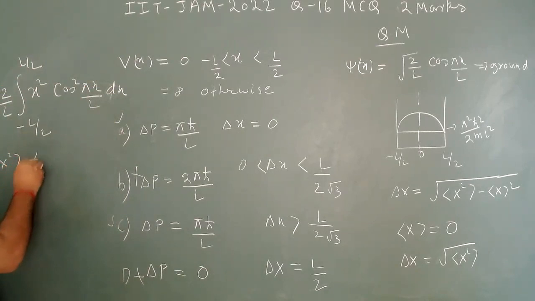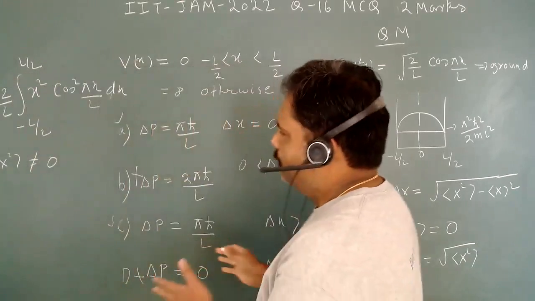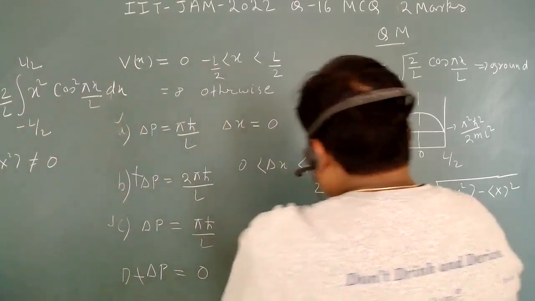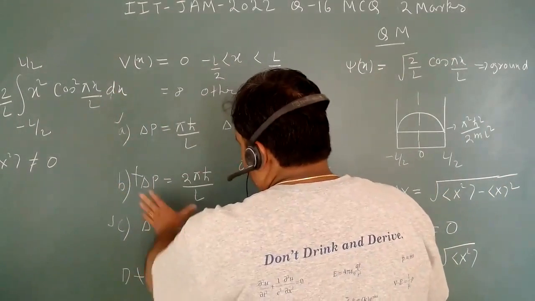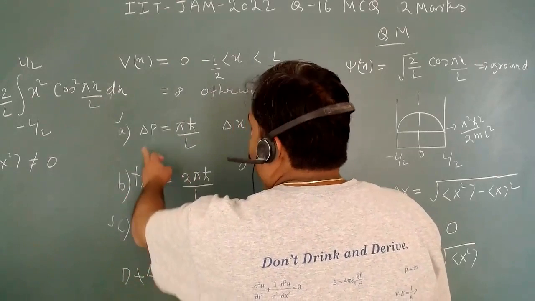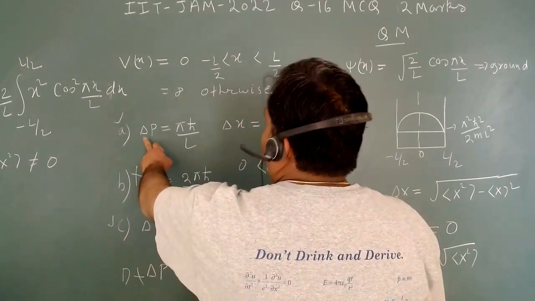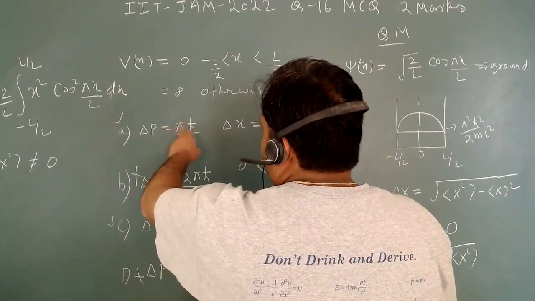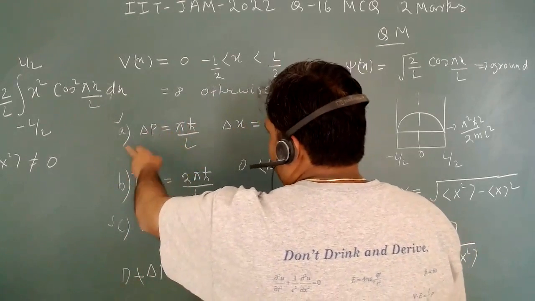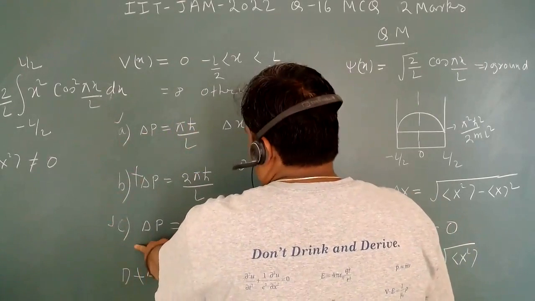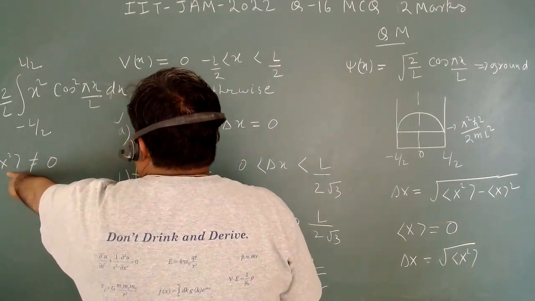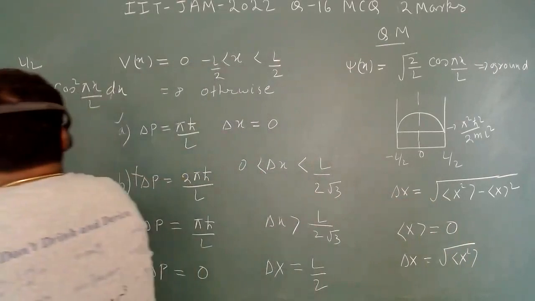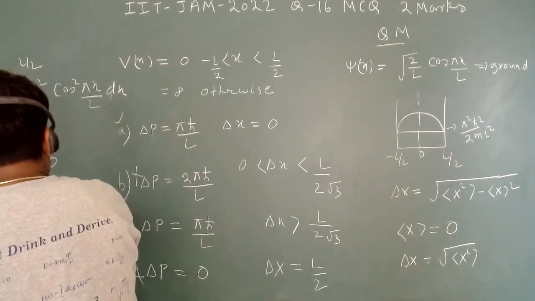So the expectation value of x square is not equal to 0. Hence B and D are not correct answers because delta P, which we calculated, is pi h cut upon L, so only A and C can be correct. And since the expectation value of x square is not equal to 0, delta x is also not equal to 0.